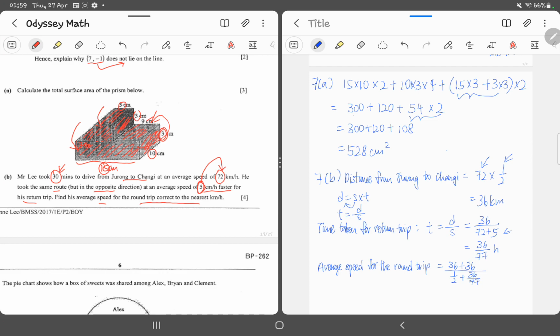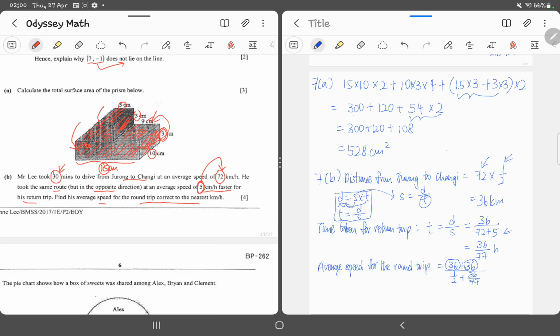Speed is distance over time. Here I calculate the distance where he drove from Jurong to Changi, that is 36 km, and then from Changi back to Jurong, another 36 km. So this is the total distance for the round trip. And then I divide by the time it took for the round trip.